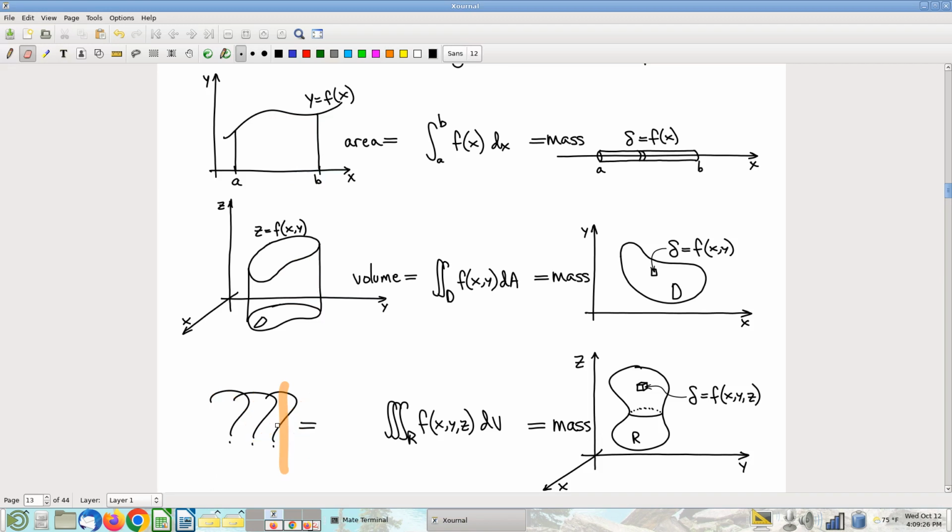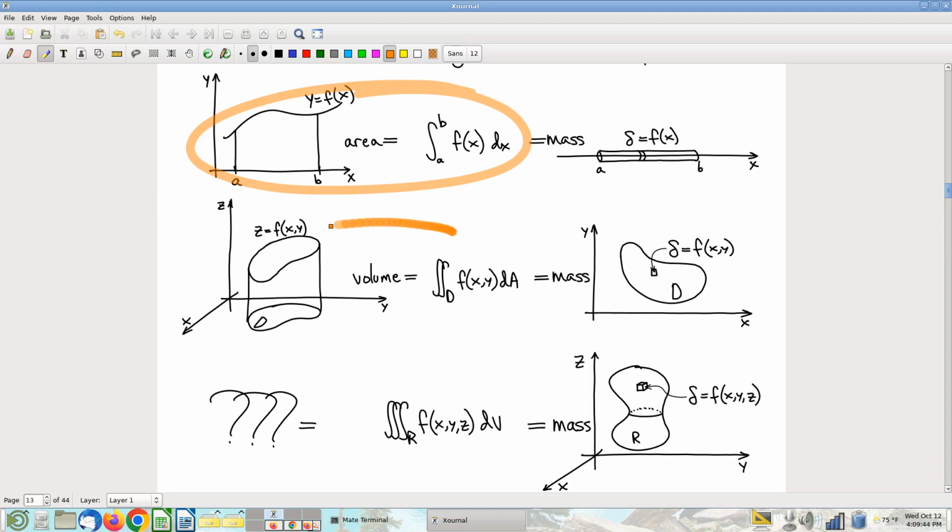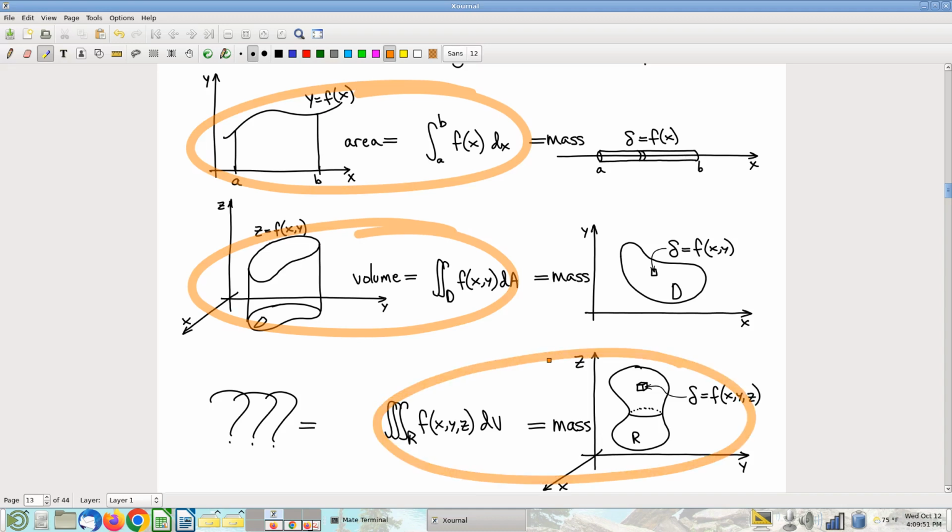Do beware of that easy mistake to make, that easy corner to paint yourself into: sticking to thinking about single variable integrals as areas, double integrals as volumes, and then, for lack of better options, thinking about triple integrals in terms of volumes also. You can see the problem here. Now you have two three-dimensional pictures, but one's a double integral and one's a triple integral. Why?